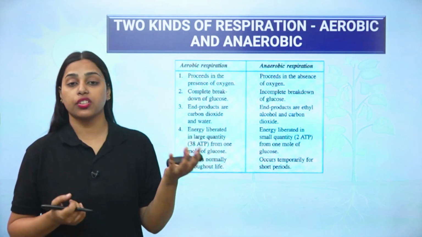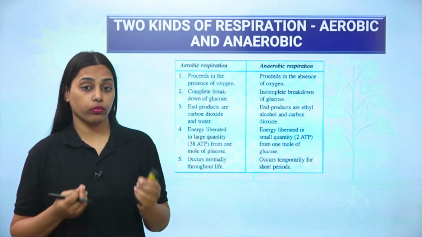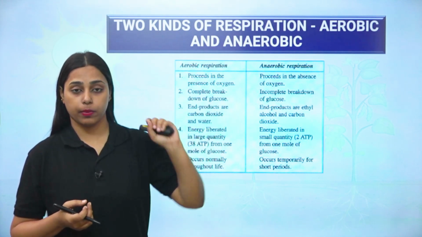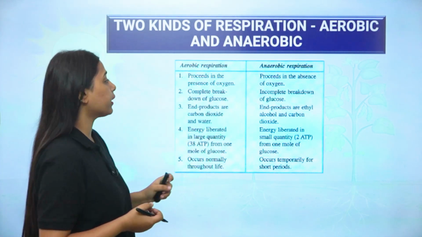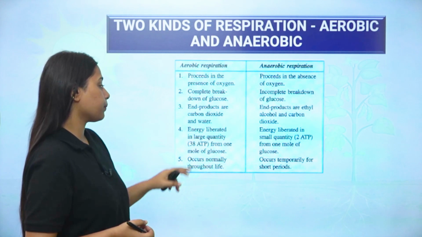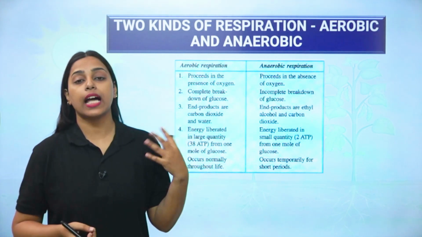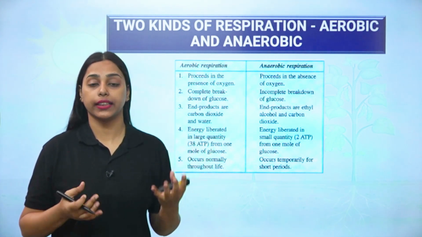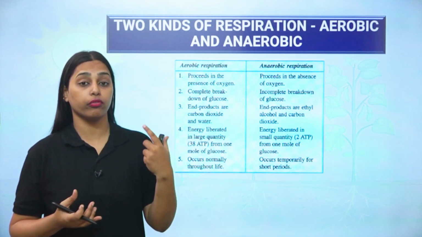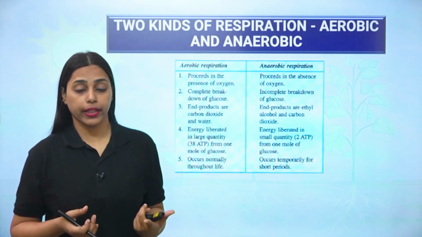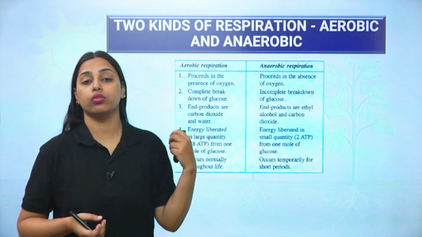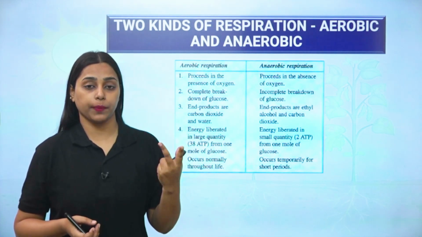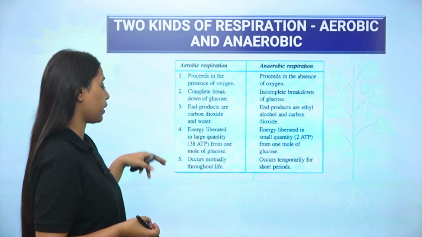So aerobic respiration end products are CO2 and water, and anaerobic respiration end products, as I already said, are ethanol and carbon dioxide. Energy is liberated in a large quantity in aerobic respiration: 38 ATP molecules are generated from one molecule of glucose breakdown, whereas one molecule of glucose breakdown gives out 2 ATP molecules in anaerobic respiration.